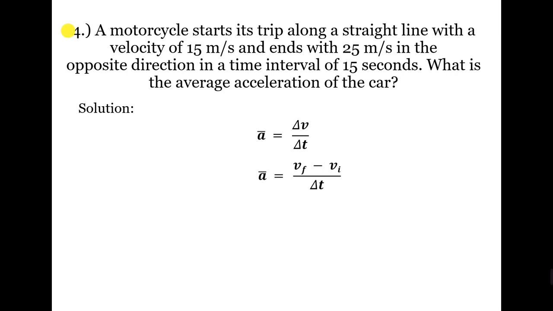The final velocity is in the opposite direction from the initial velocity. So we must include a negative sign in the final velocity. Then substitute all values to the formula until we get the final answer of 2.667 meters per second squared, which is the average acceleration of the car.